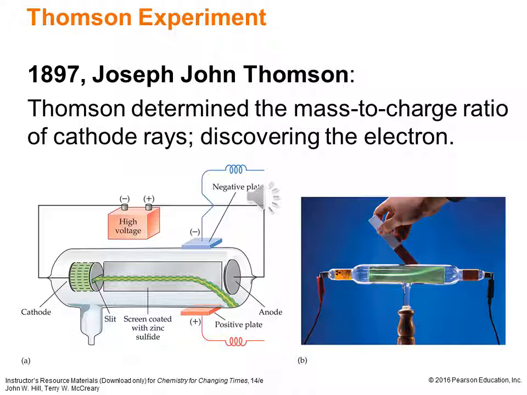So the father discovered electrons as particles and won the Nobel Prize, and then the son showed the wave characteristics of electrons and won another Nobel Prize. But again, you can see in the experiment that it's the same sort of cathode ray tube setup, showing that the cathode rays were generated by negatively charged particles known as electrons.